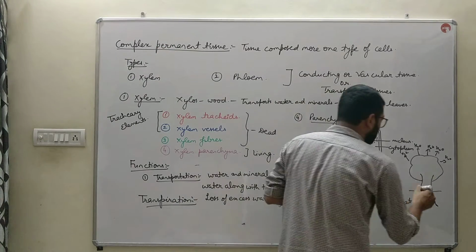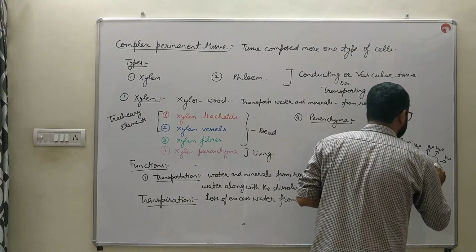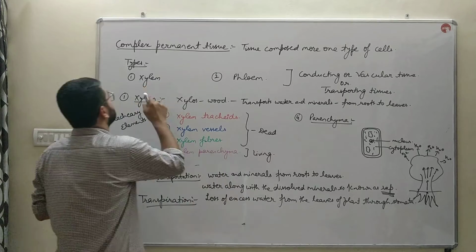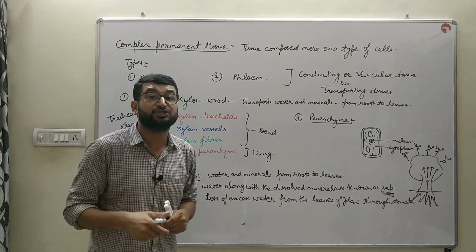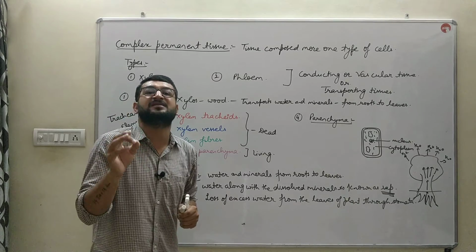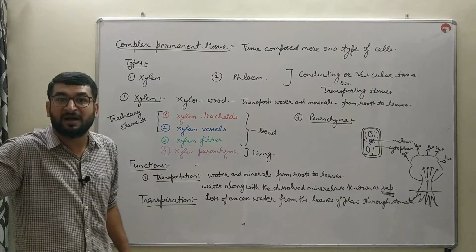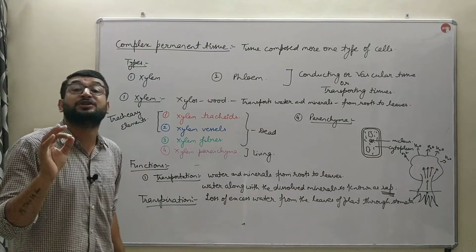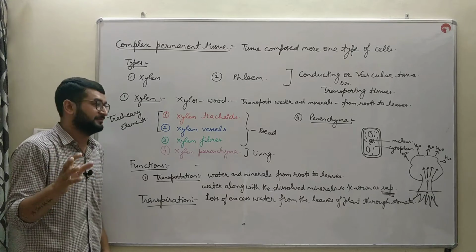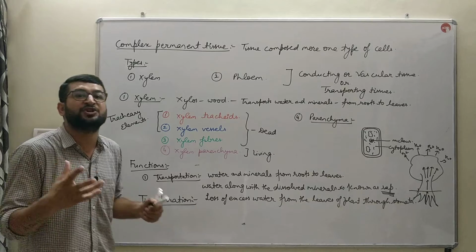So the water starts to move from higher pressure to lower pressure through xylem tissue. That's how transpiration pull helps in the transportation of water and minerals up to tall plants, even 30 or 40 meters high, without any electric pump. A natural pump is there, known as transpiration pull.